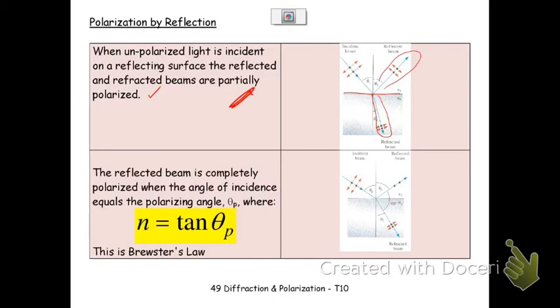When you come in at a larger angle, you can get to the stage where the reflected beam is completely polarized when the angle of incidence equals the polarizing angle. And this is sometimes called the Brewster angle, and this is Brewster's law.